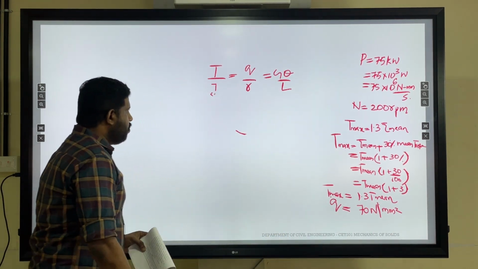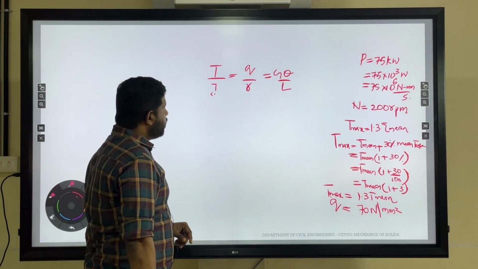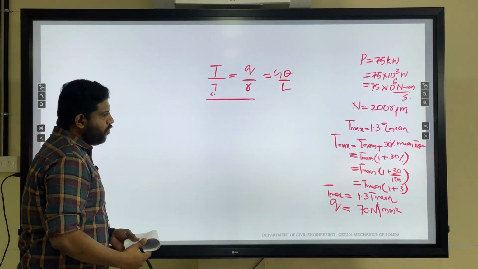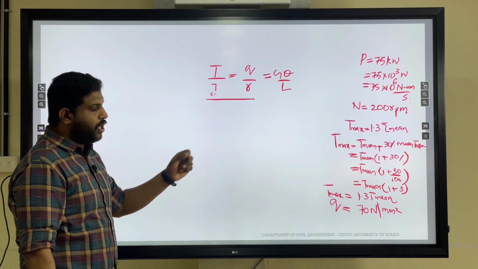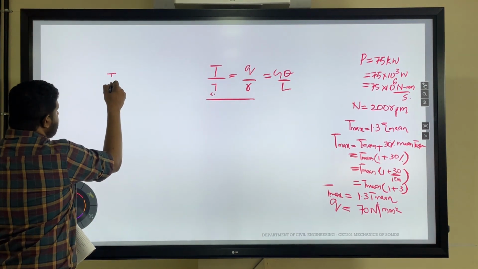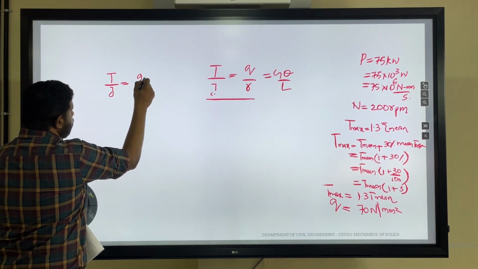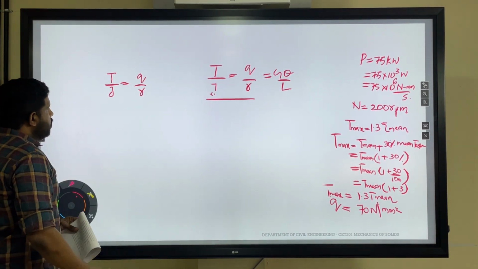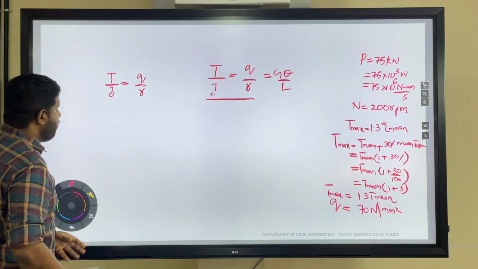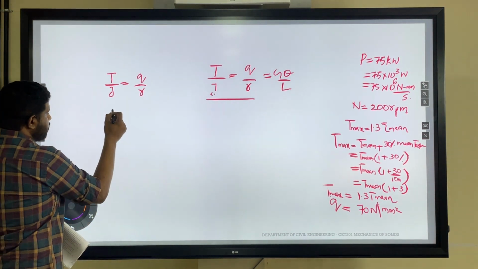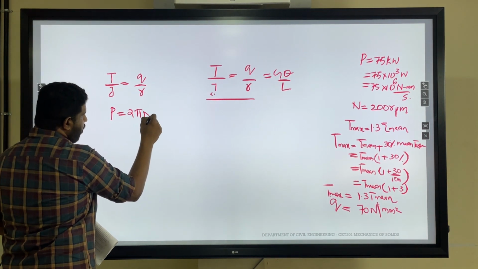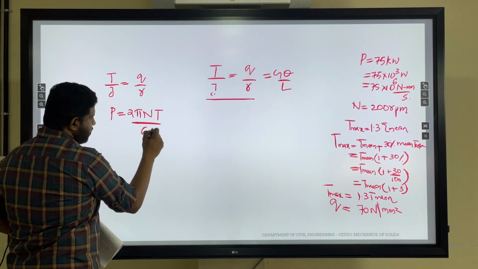Okay, so initially you have to consider these two terms for calculating the diameter of the shaft. So we have the equation T by J is equal to tau by R. Here first we have to calculate the torsional moment or T value. For getting T, we have an equation for power. Power is equal to 2 pi N T divided by 60.